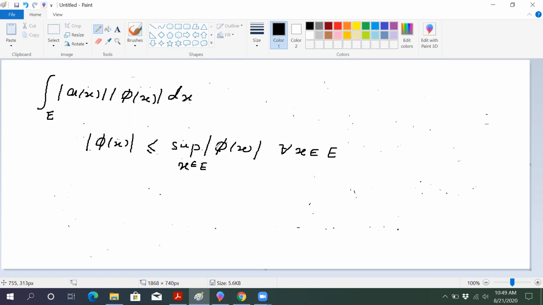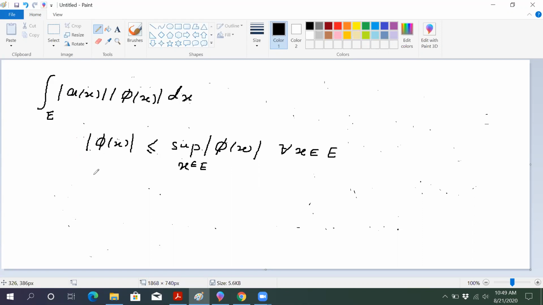Now, if you agree with me, can I multiply both sides of this inequality by the absolute value of a(x), which is some non-negative value, so it doesn't change the direction of the inequality?